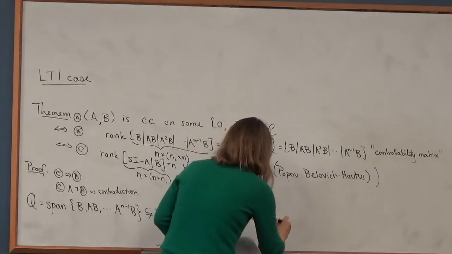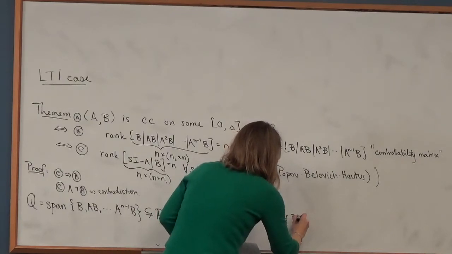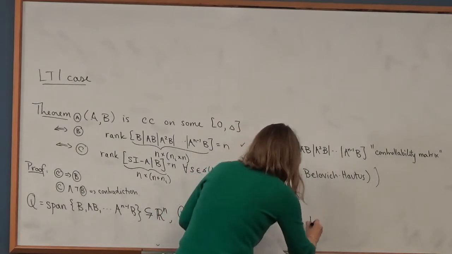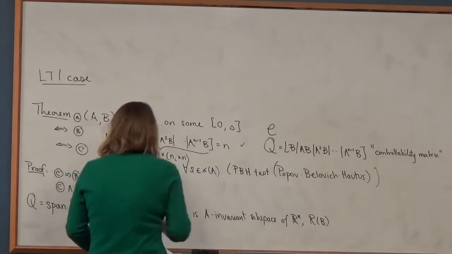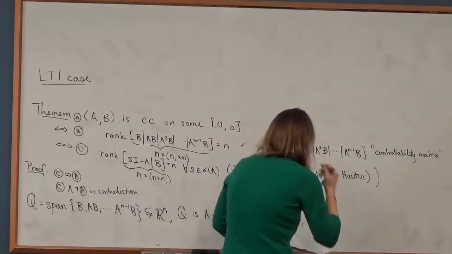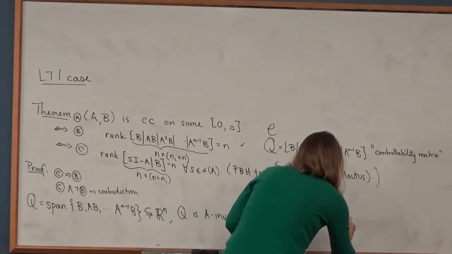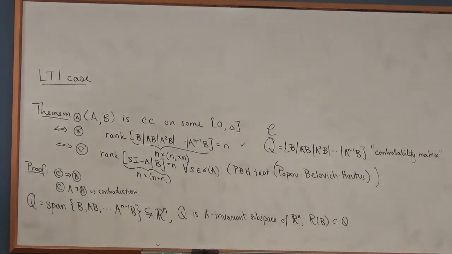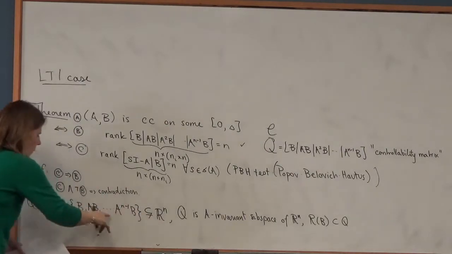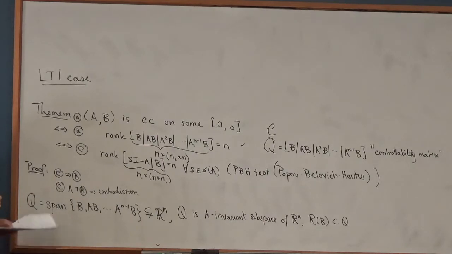We also know that it contains the range of B, because B is contained in that span. So that's a subset of Q. So we don't make up the whole of Rn by looking at the span of those columns.